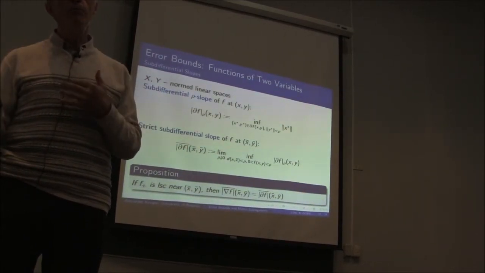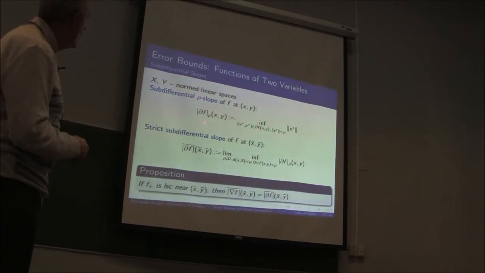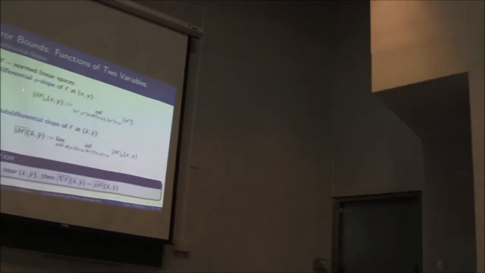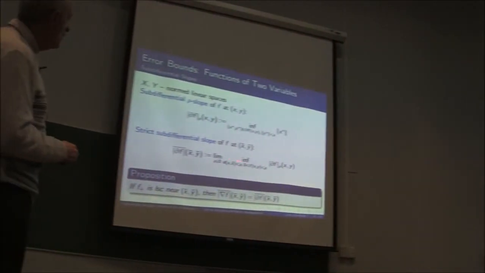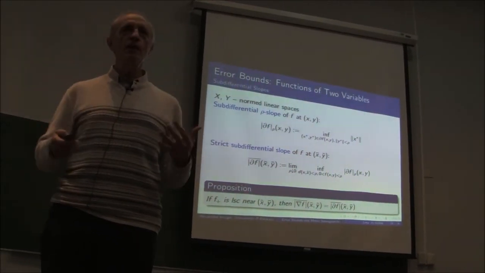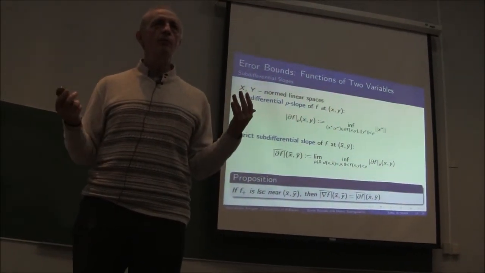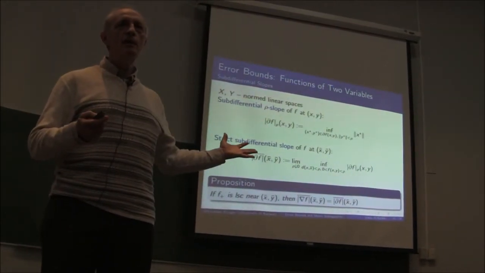We need some compactness assumptions, etc. But here, when we are working with constants like this one, the lim inf is in R. No problems in the real line. No problem with limits, and everything is working.